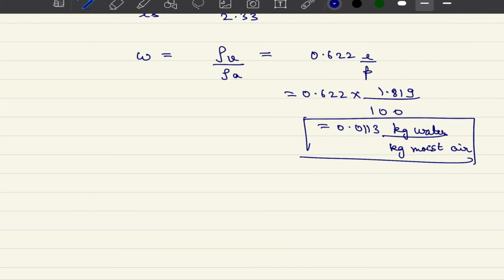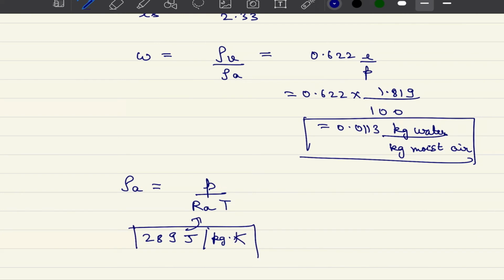Finally, once we know this, we can calculate rho A, or the density of air, as P over Ra T using the ideal gas law, where the value of Ra for air is 289 joule per kg Kelvin, and this is the specific gas constant that should be known for each gas.